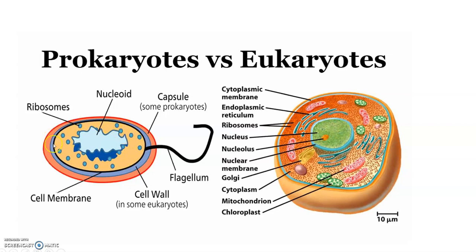There may be some granules and ribosomes. And this is the nucleoid. The area where the DNA is seen in prokaryotes is called the nucleoid. This one is the circular DNA. And here we can see the flagellum.